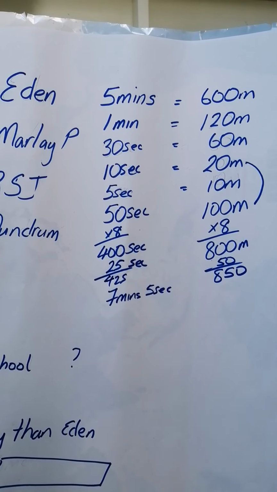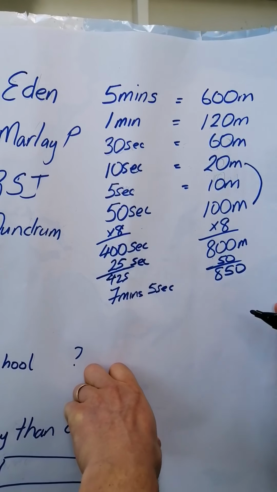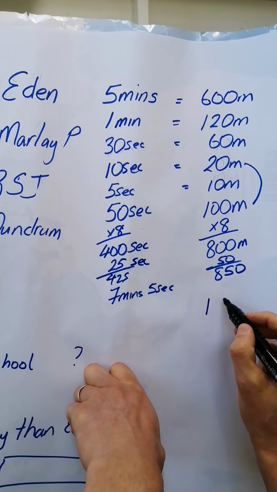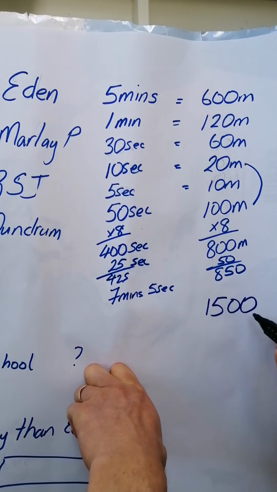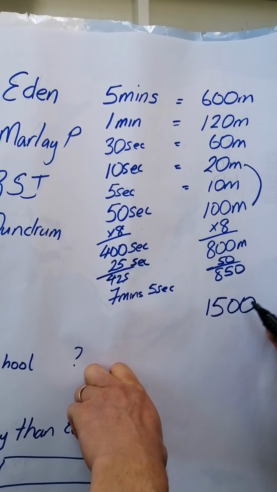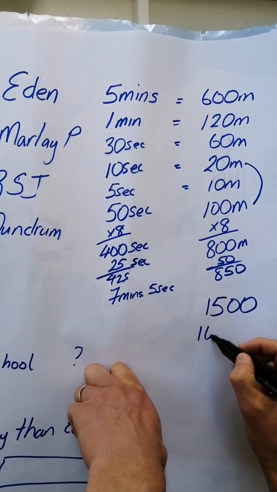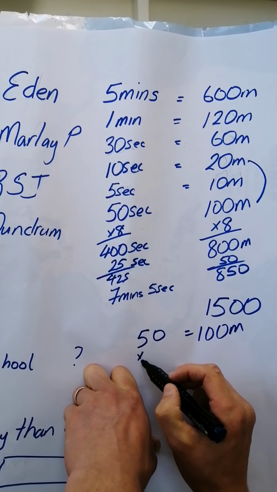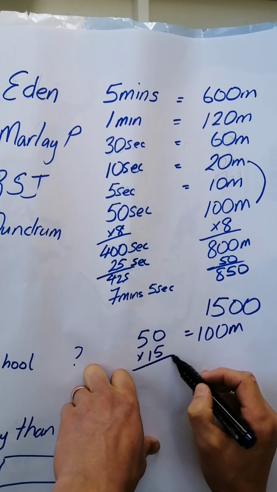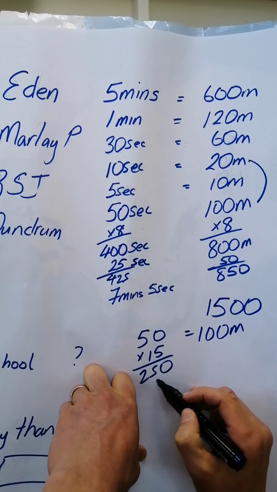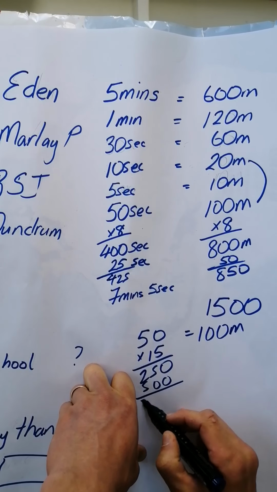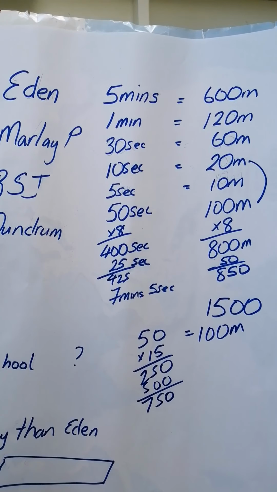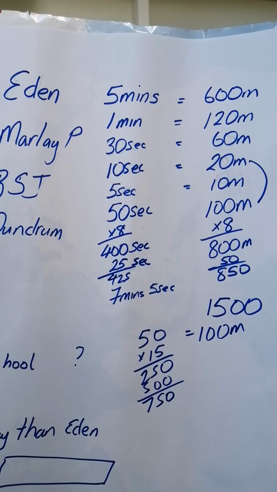Right, the next thing we have to find out is how long it will take me to walk 1500 meters. So if 100 meters is 50 seconds times 15, we did all this in our copy at the start of the year, how to change hours to minutes. It's the exact same with minutes to seconds.